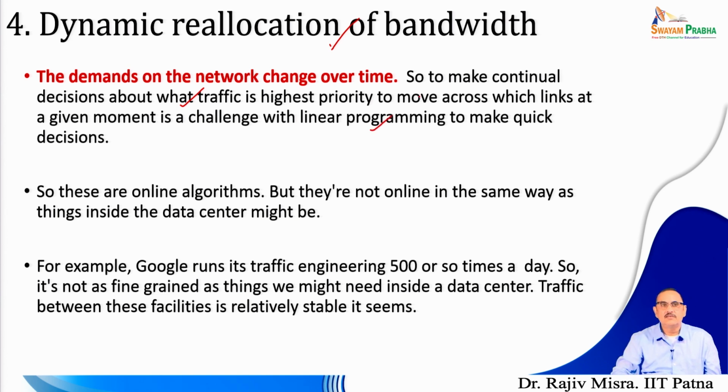So, these are all online algorithms, but they are not online in the same way as things inside the data center might be. For example, Google runs its traffic engineering 500 or so times a day. So, it is not as fine grained as the things we might need inside our data center. Traffic between these facilities is relatively stable, it seems.